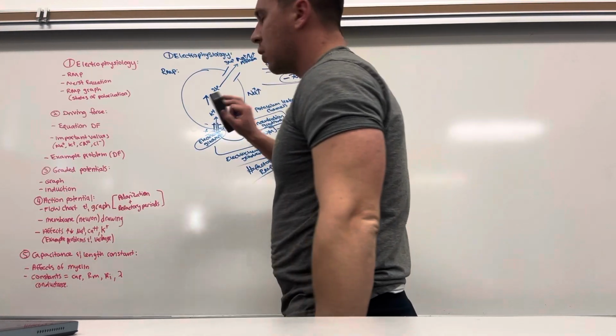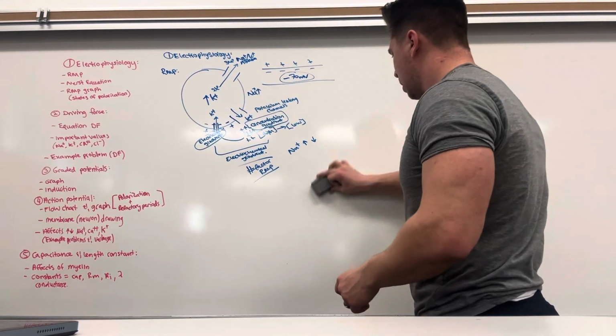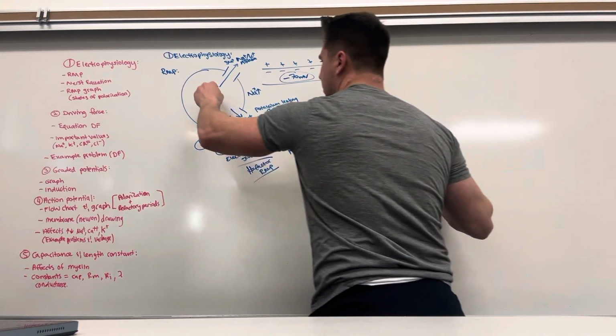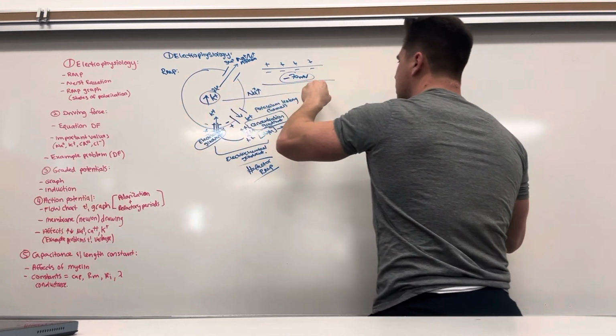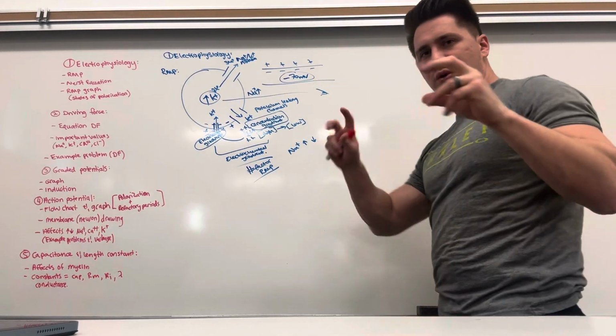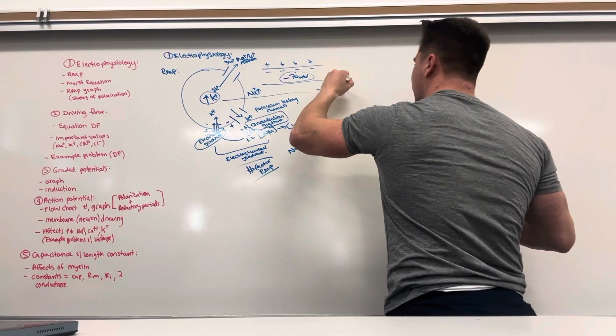Okay, so now we have the Nernst equation. What the Nernst equation tells us is that certain ions, like potassium and sodium, we'll take potassium for example, want to sit at a certain resting membrane potential on their own. And so we have the Nernst equation.